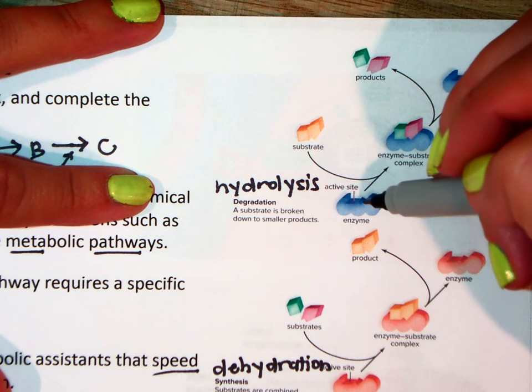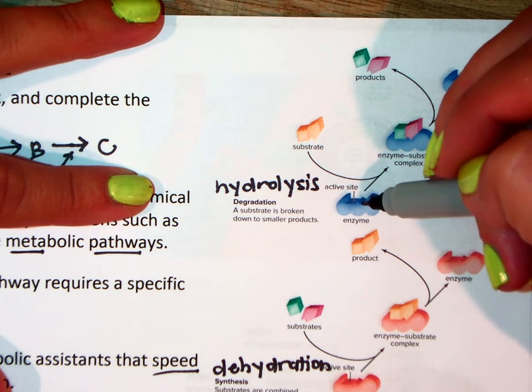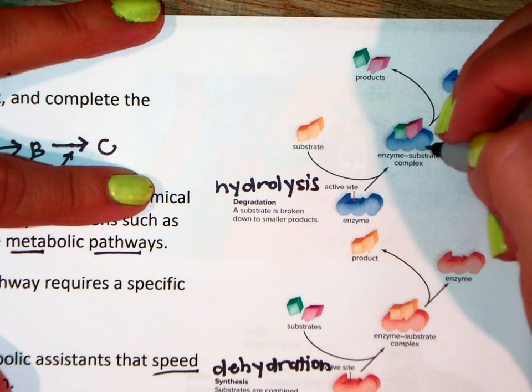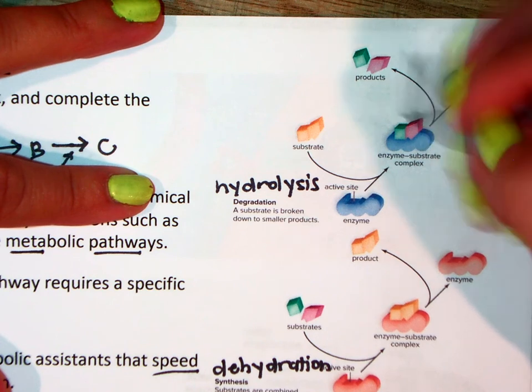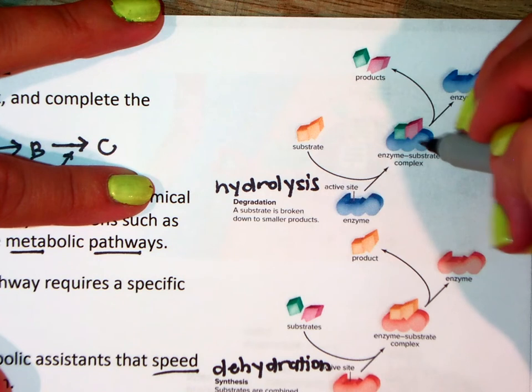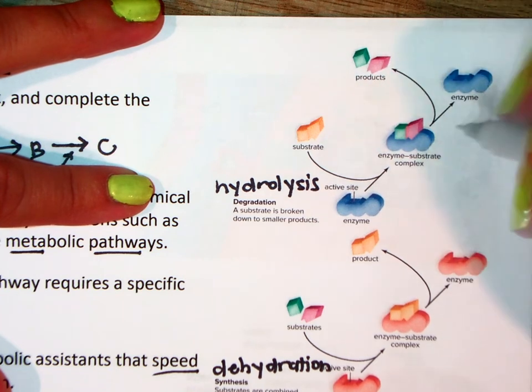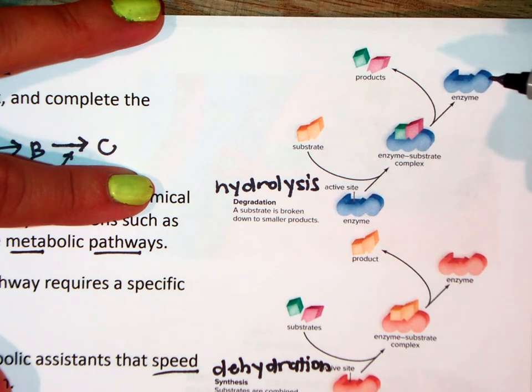So the substrate will come and bind with the active site, and then this enzyme is breaking this substrate down into smaller products. You can see it's broken them down into two smaller products, and then the enzyme can carry on to do it again and repeat this process over and over. So enzymes are reusable.